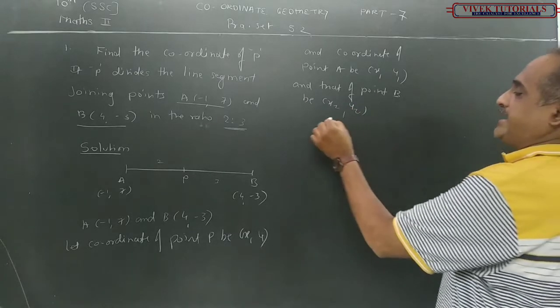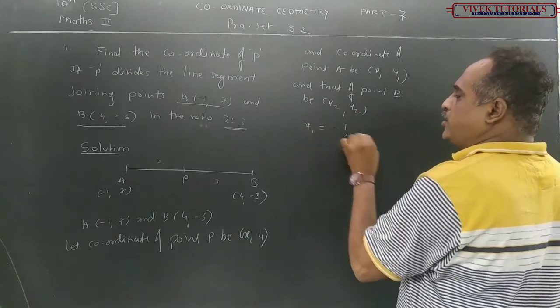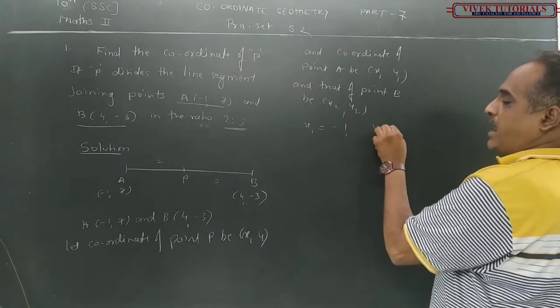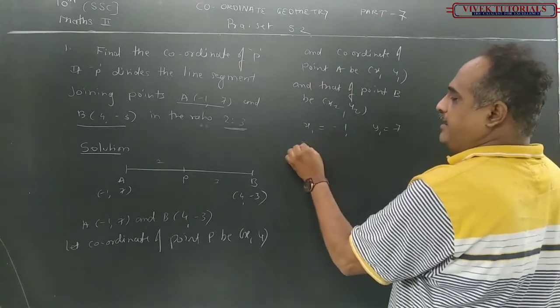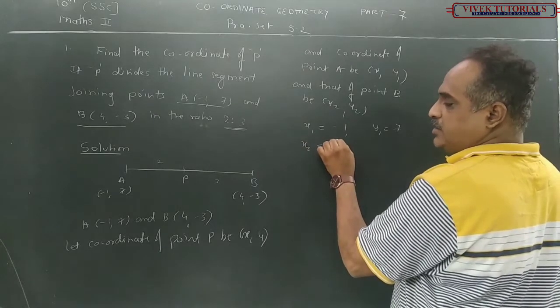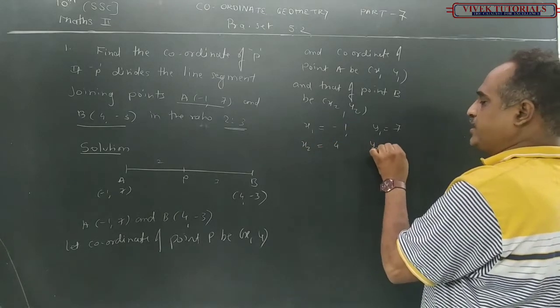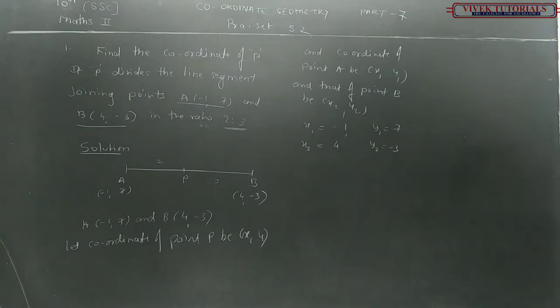So x1 is equal to -1, y1 is equal to 7, x2 is equal to 4 and y2 is equal to -3.